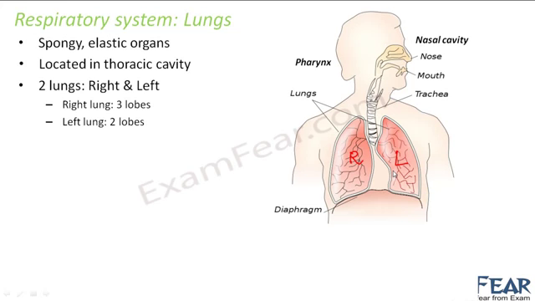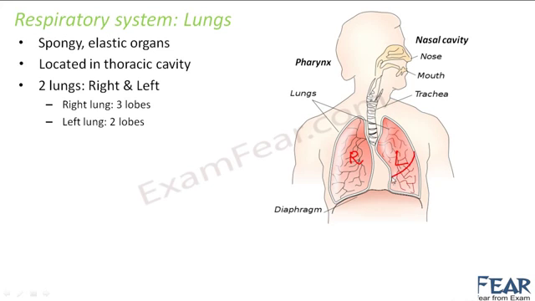Now each of these lungs is again divided into different regions. Lobes are nothing but the regions. The left lung is divided into two lobes, and the right lung is divided into three lobes.